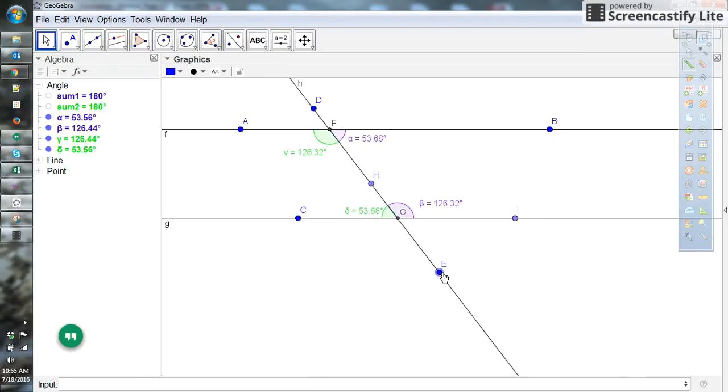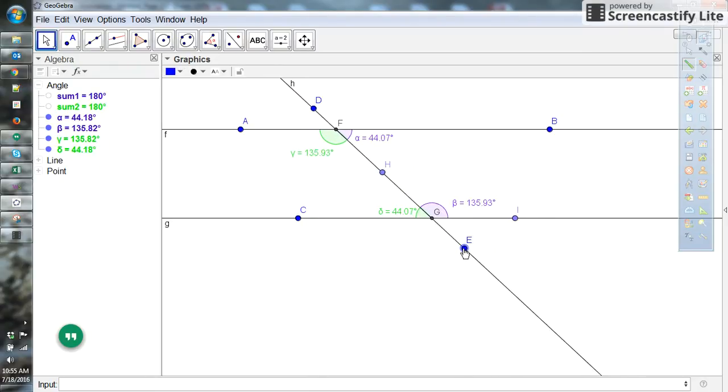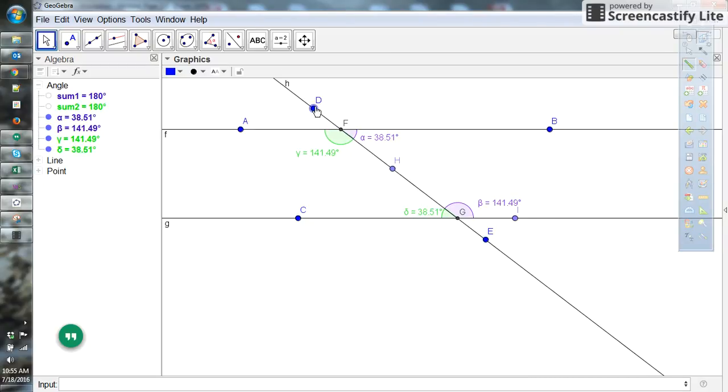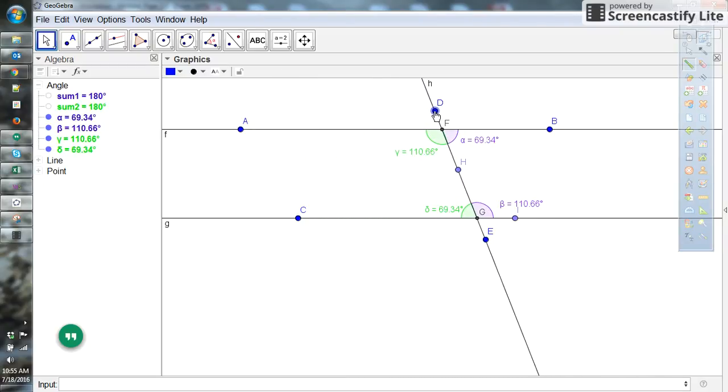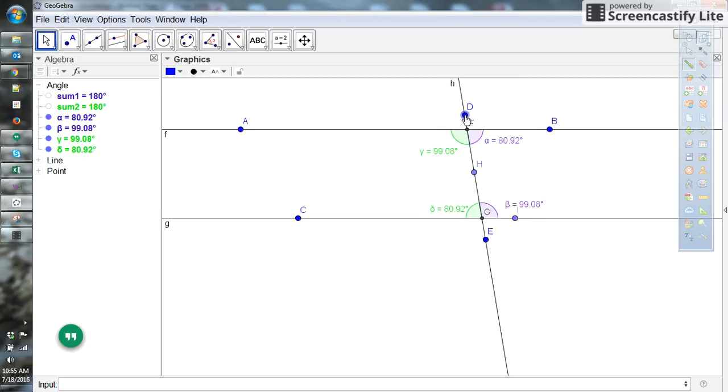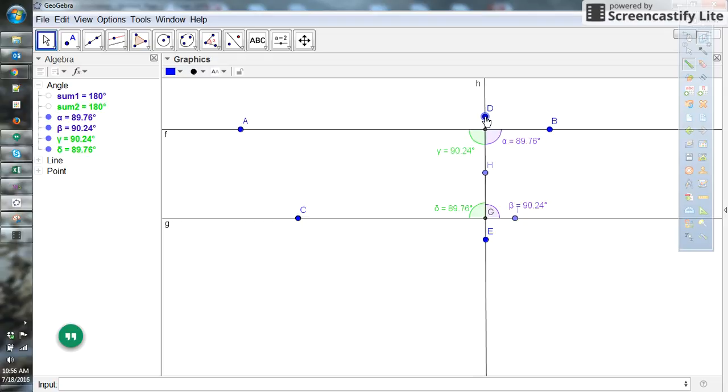And this is going to stay constant again for as long as I move my transversal. Even when this is perpendicular. Let me get it over to perpendicular. There you go. It's still going to equal 180 degrees for those sums.